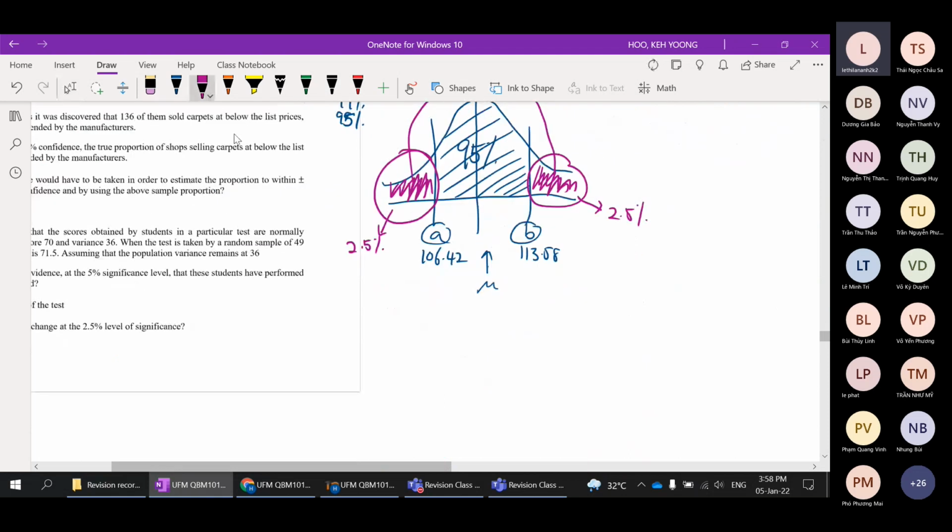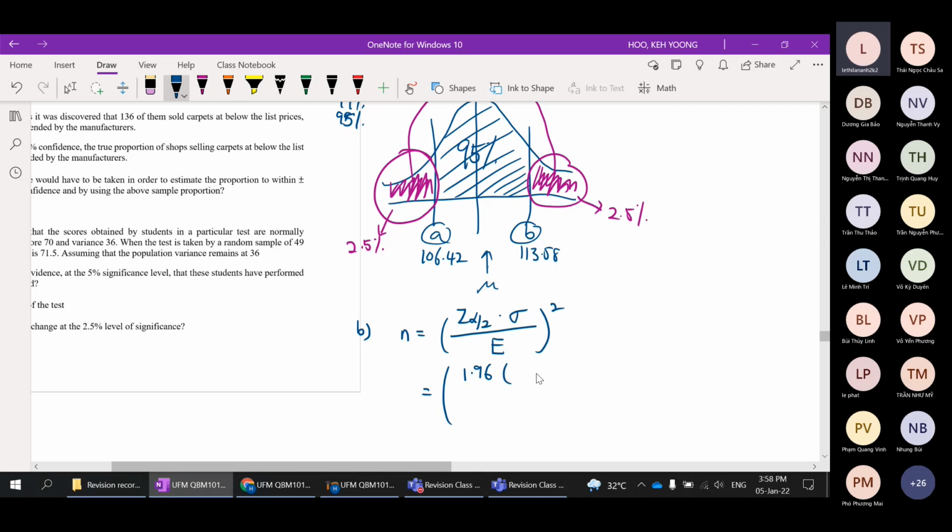So let's write down the formula first, since this is the first time we do it. So n is equal to Z alpha over 2 times the population standard deviation divided by the sampling error, squared. So basically this one is very simple. You just substitute the values given. Z value is what you need to find from the statistical table.